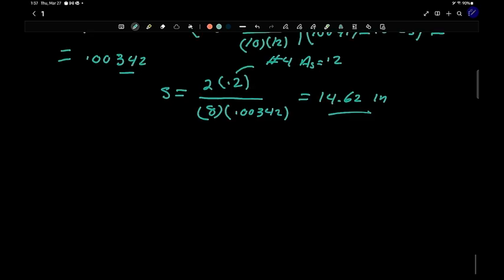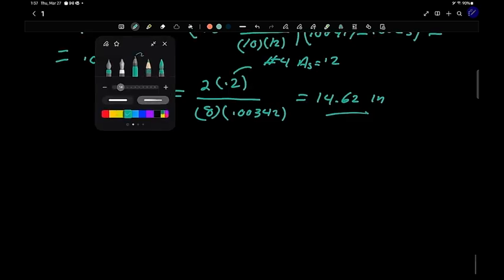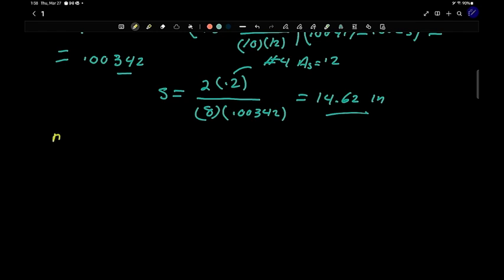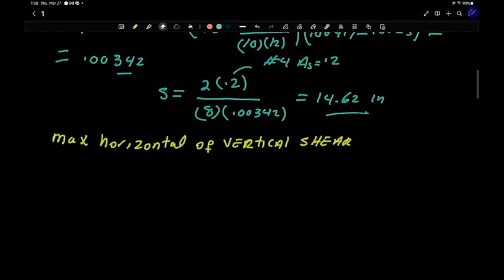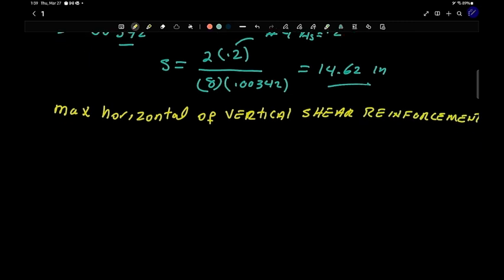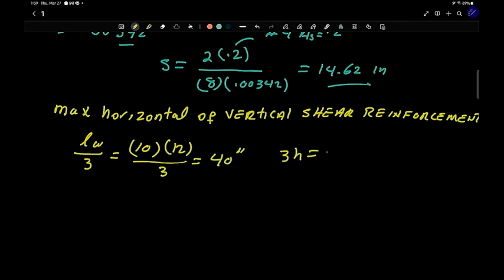Same spec, similar spec. We're going to find out the maximum spacing. So we have two choices: L_w divided by 3, which is equal to 10 times 12 divided by 3, and that will give us 40 inches. Second choice is 3 times h, which is 3 times 8, that's 24.